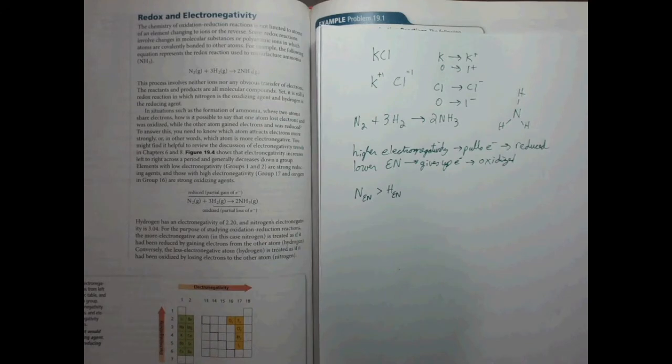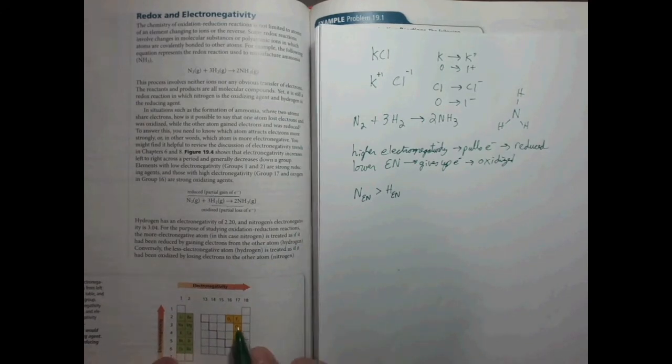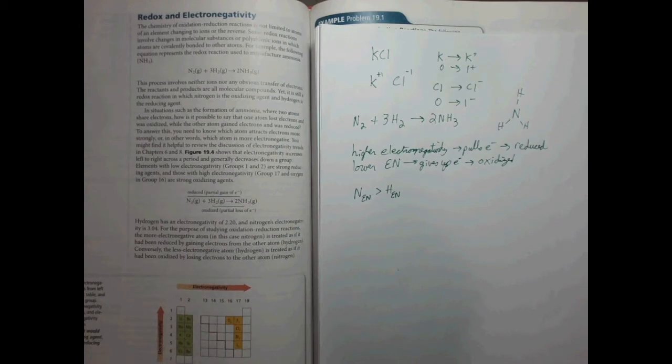How do I know that? One, there's a chart in your book, there's another little chart down here, but as you go left to right, the electronegativity increases, and as you go up, it increases. Now, hydrogen is a little higher than nitrogen. It's one group higher, but nitrogen's so much farther to the right that it is much more electronegative.